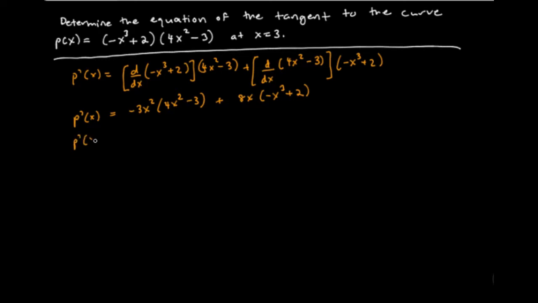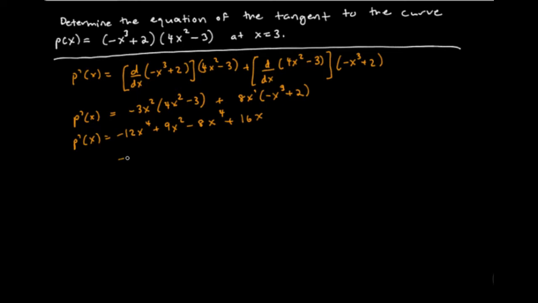And then the derivative function p prime of x is equal to negative 3x squared times 4x squared is negative 12x to the power 4 plus 9x squared minus 8x to the power 4, because this is like x to the power 1 and this is a 3, right? And plus 16x, okay?